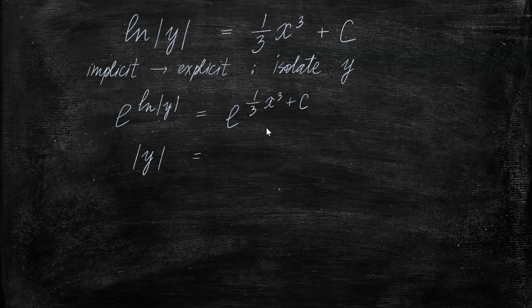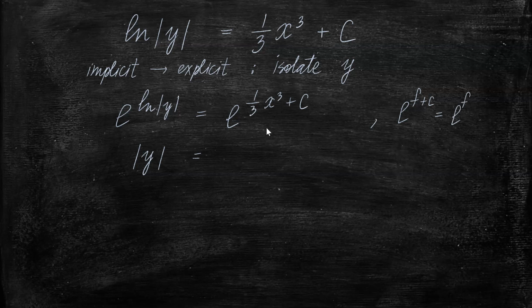as long as the absolute value of y is in the domain of the operation. And on the right side, we are going to use the following property of exponents that allows us to break the exponent.